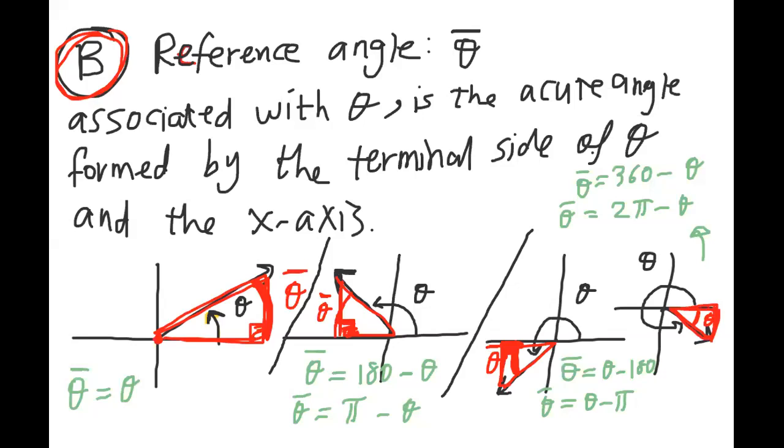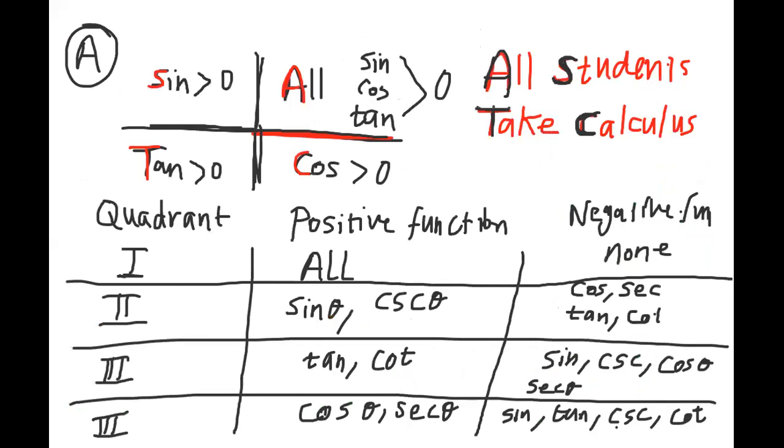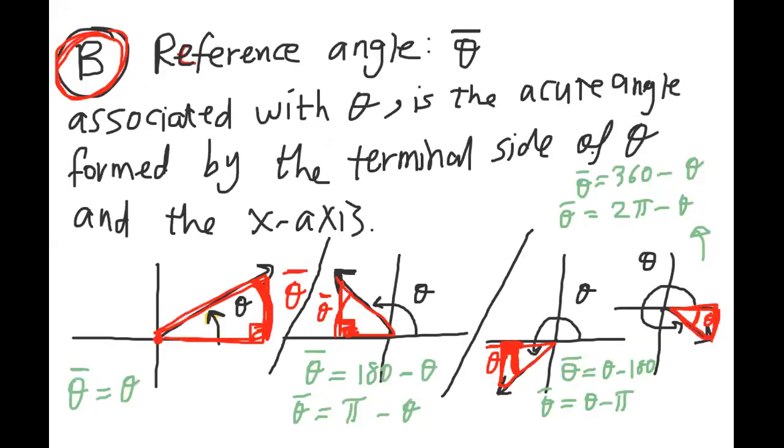So by using A, this is A, and by using B, the reference angle, we'll go over the example right now. We can evaluate the trigonometric function for any angle. So how can we find it?